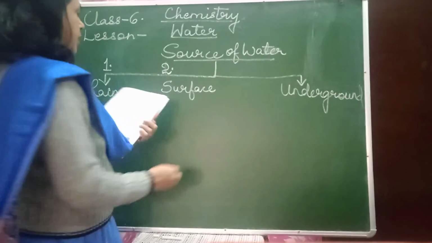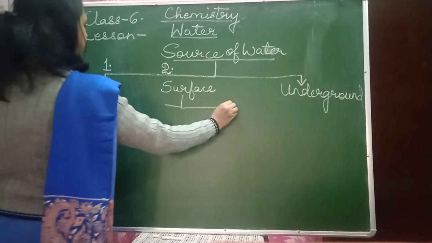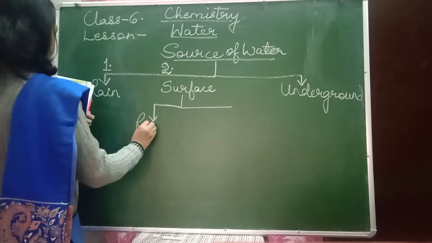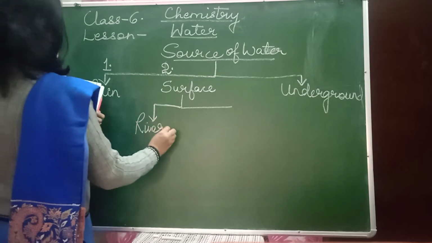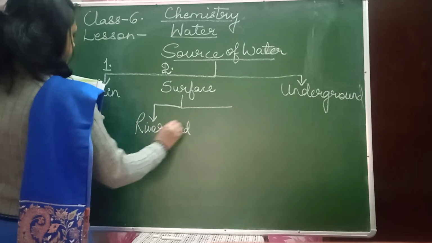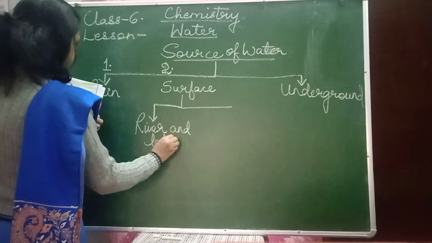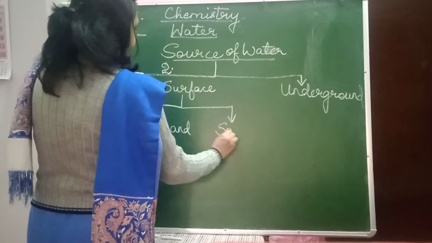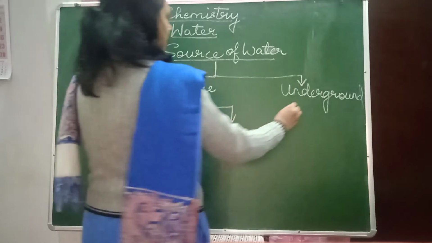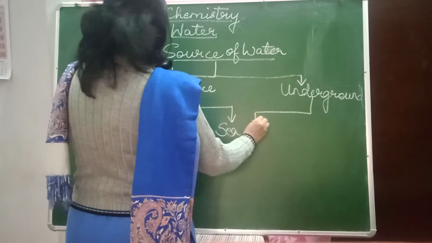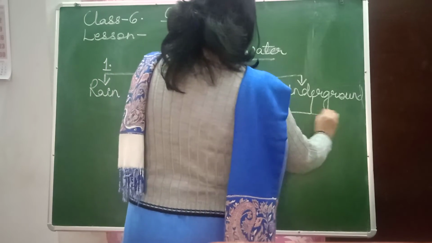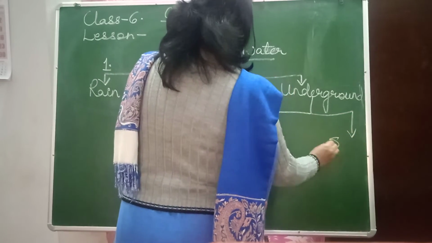The surface water is divided into two parts: river and lake, and the other surface water is sea. Now the underground water is also divided, children: wells and springs.